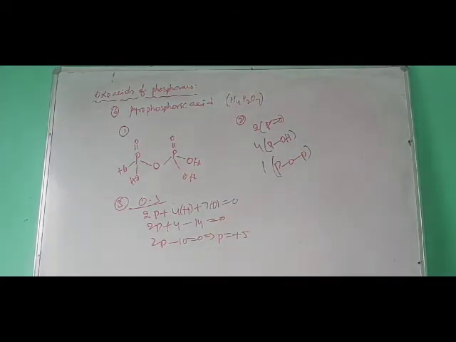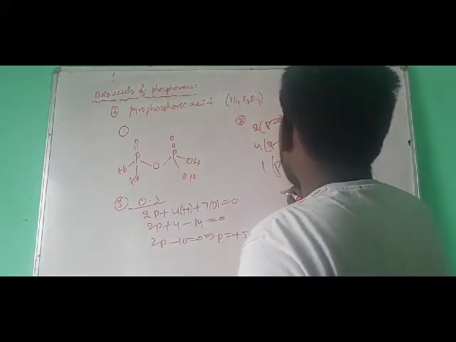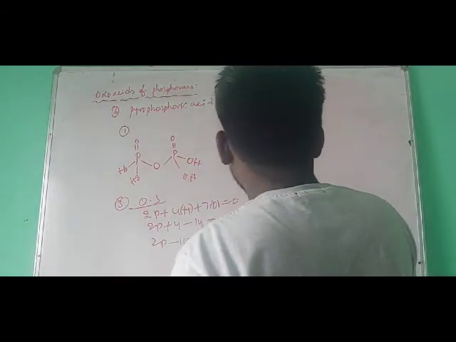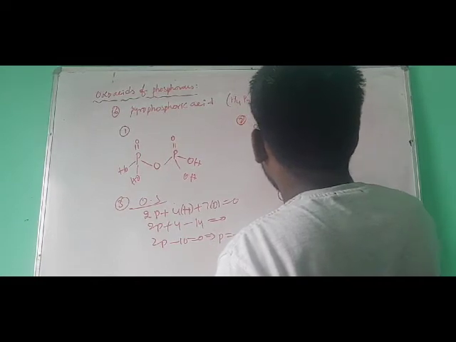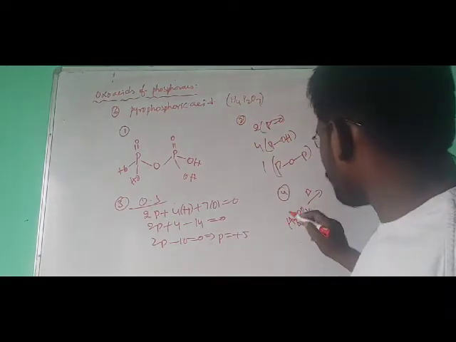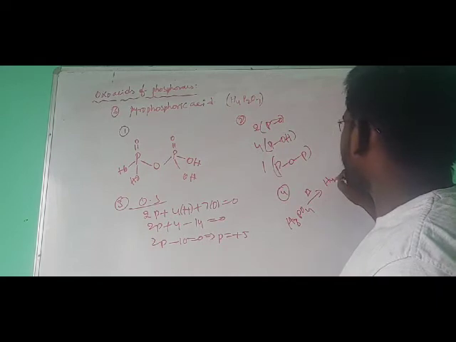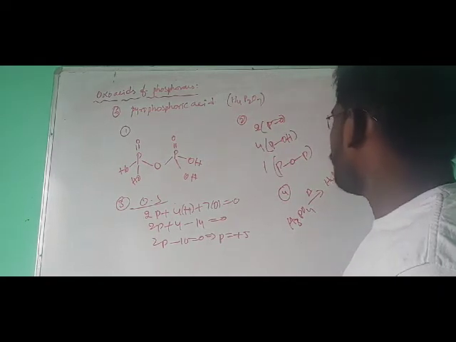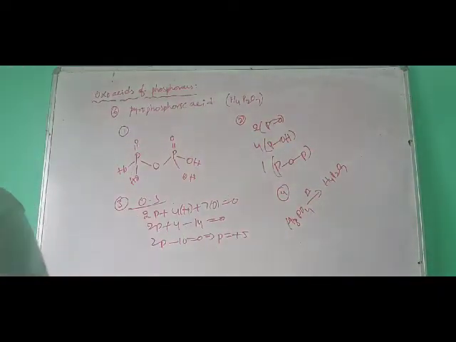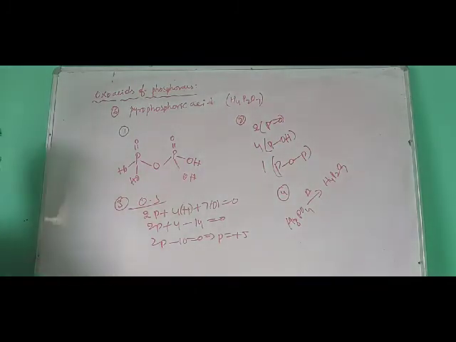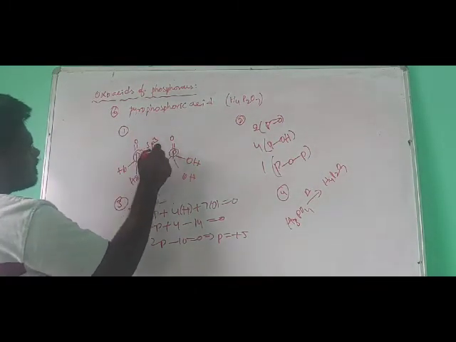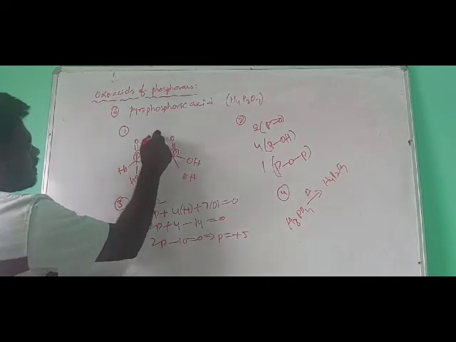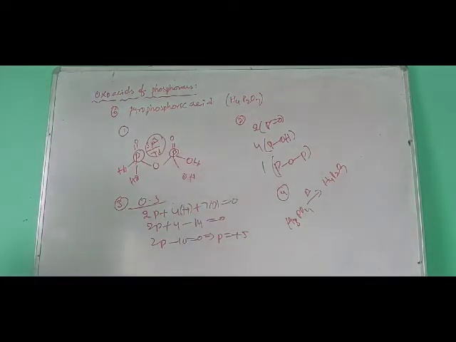Plus 5 oxidation state. And next one, fourth one, this one we can get upon heating H3PO4 phosphoric acid. Upon heating the orthophosphoric acid, we can get H4P2O7. Right? And the next one, you see guys, geometry. Here also each phosphorus has sp3 hybridization, and the geometry is tetrahedral geometry.